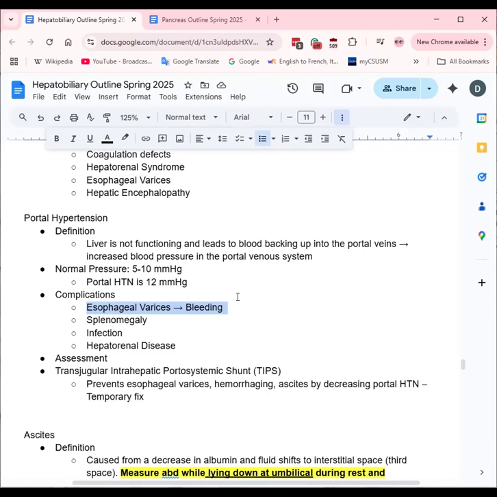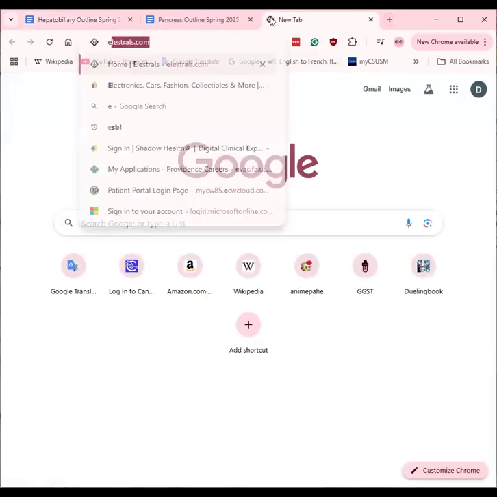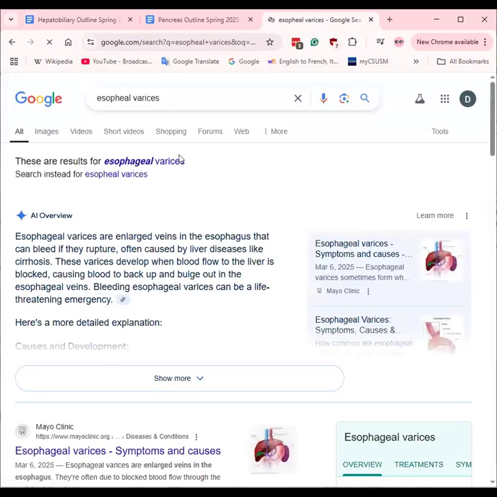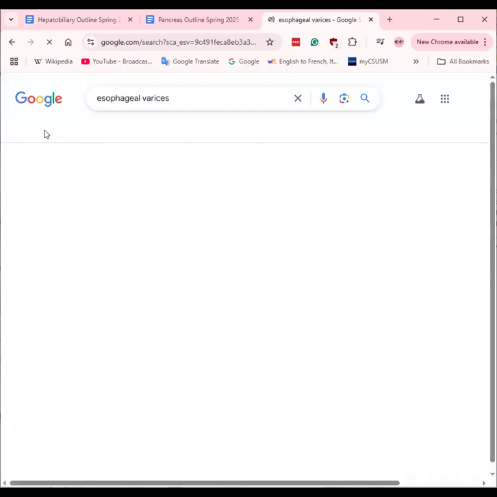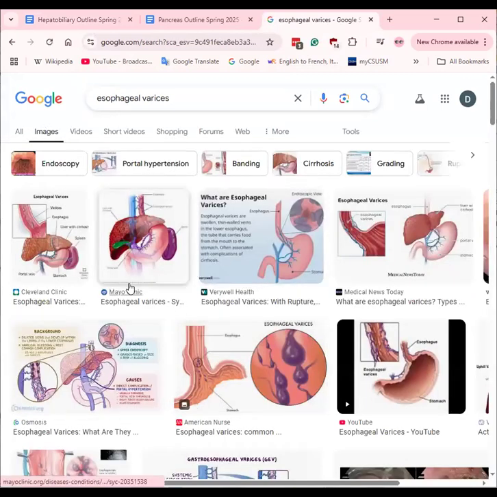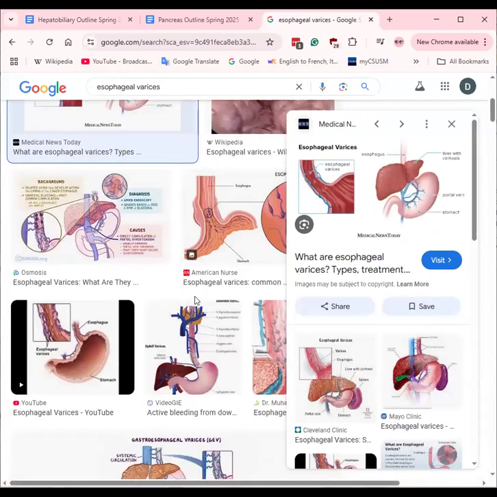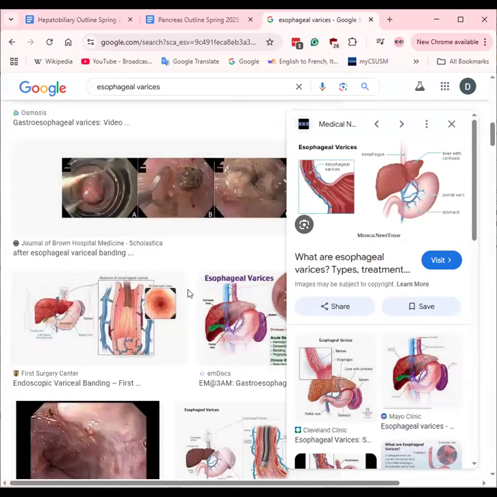So these varices created on the esophagus are enlarged and engorged, and they're very prone to rupturing, which means you have a high risk of bleeding.